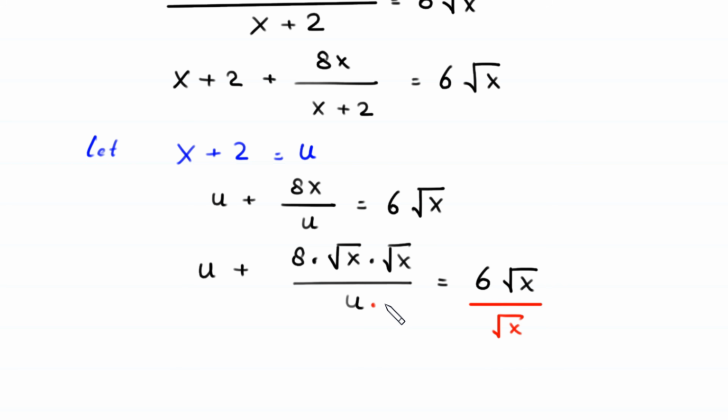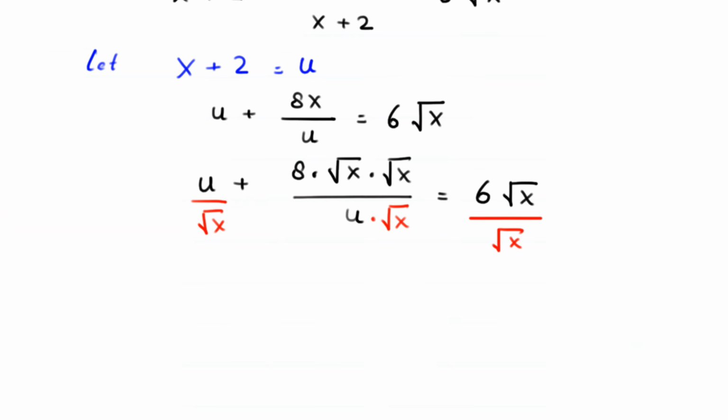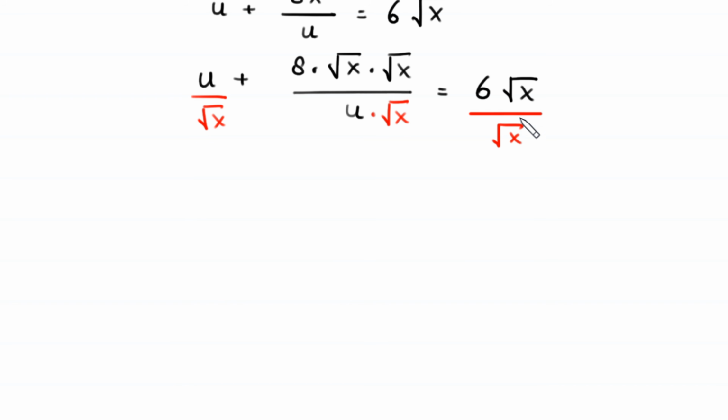We divide each term by root x. Now this root x will be cancelled out with this root x, and this root x will be cancelled out with this root x. The equation will become u divided by root x plus 8 times root x divided by u equal to 6.